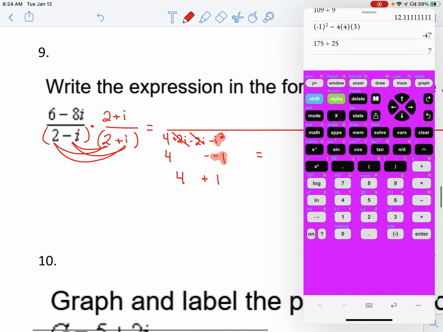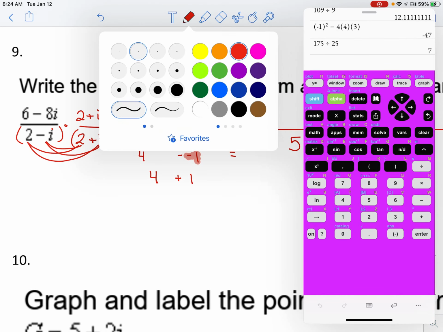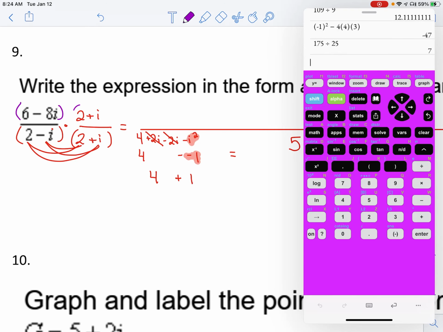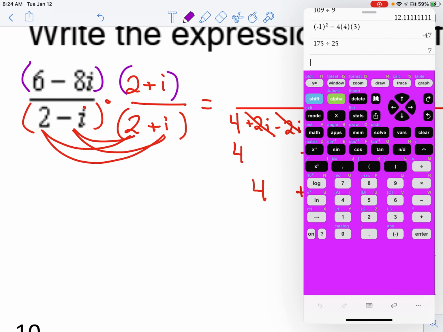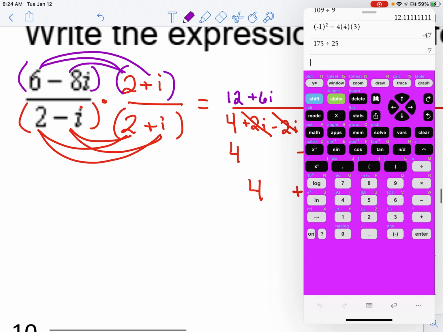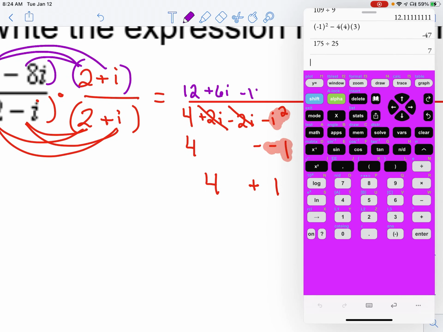Okay. Now for the top, I'll change the color just so there's a little bit of differentiation there. Okay, zoom in. 6 times 2 is 12. 6 times i is 6i. Negative 8i times 2 is minus 16i.